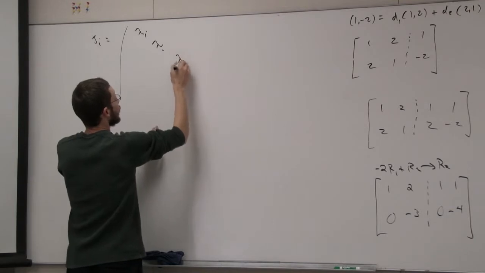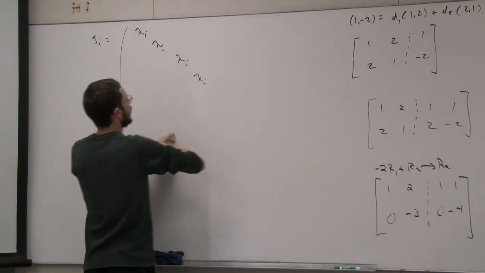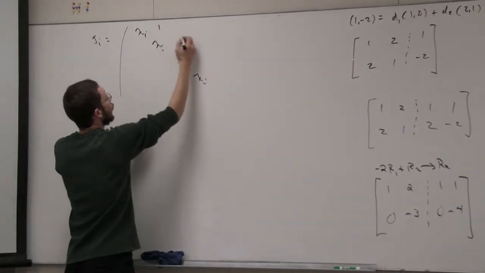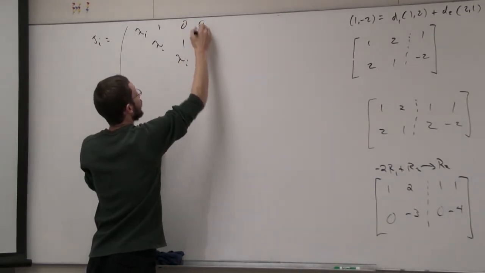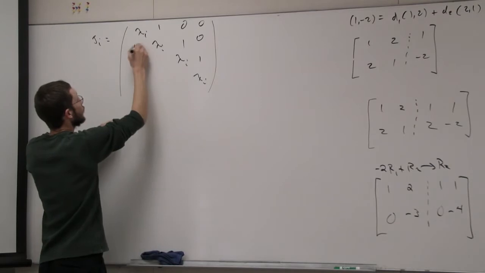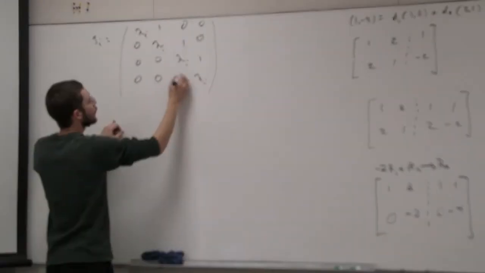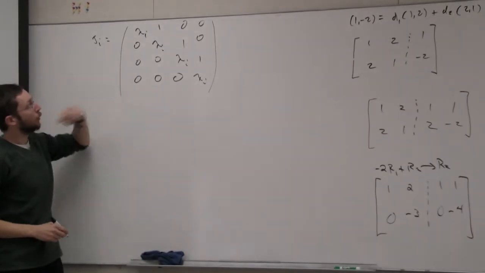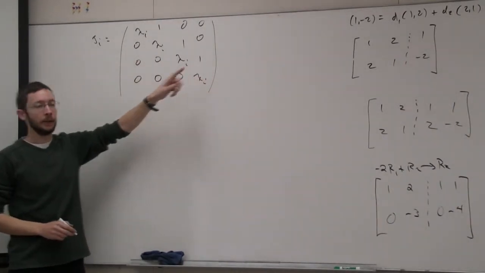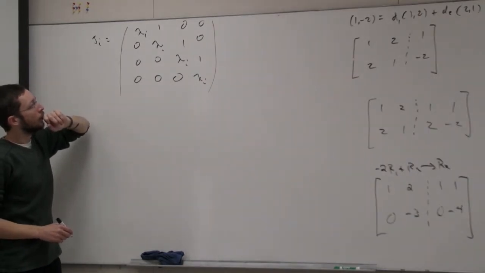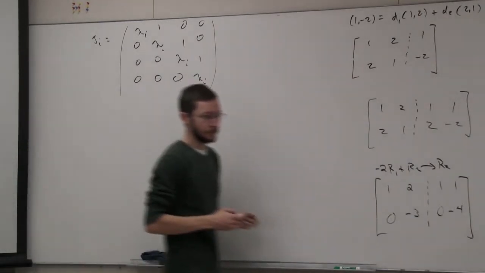The eigenvalue running down the diagonal, 1's above it, and 0's everywhere else. So there's a 4 by 4 Jordan block. You've got 4 eigenvalues down the diagonal and 3 1's above that. Okay.